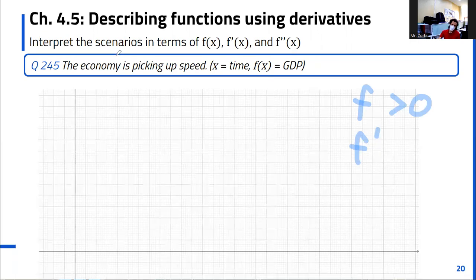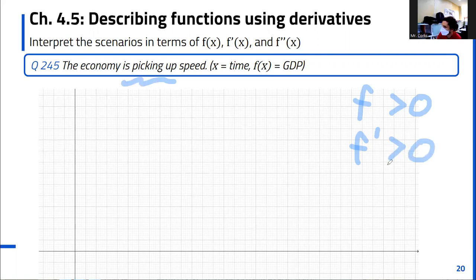I guess we just have to understand that this statement always means that it's positive. So the economy is growing. Economies almost always grow. It's quite uncommon, unless something really terrible is happening, for an economy to actually shrink or contract. So it's growing, positive, it's getting bigger.